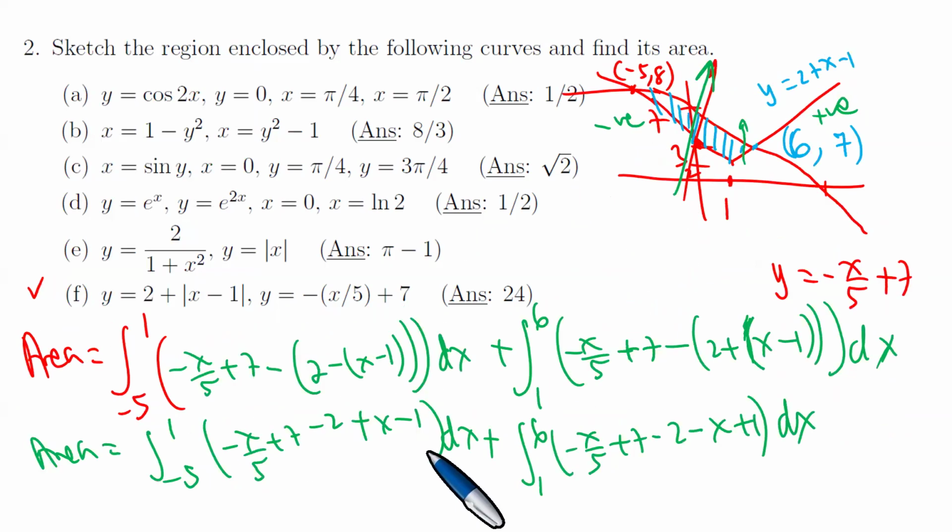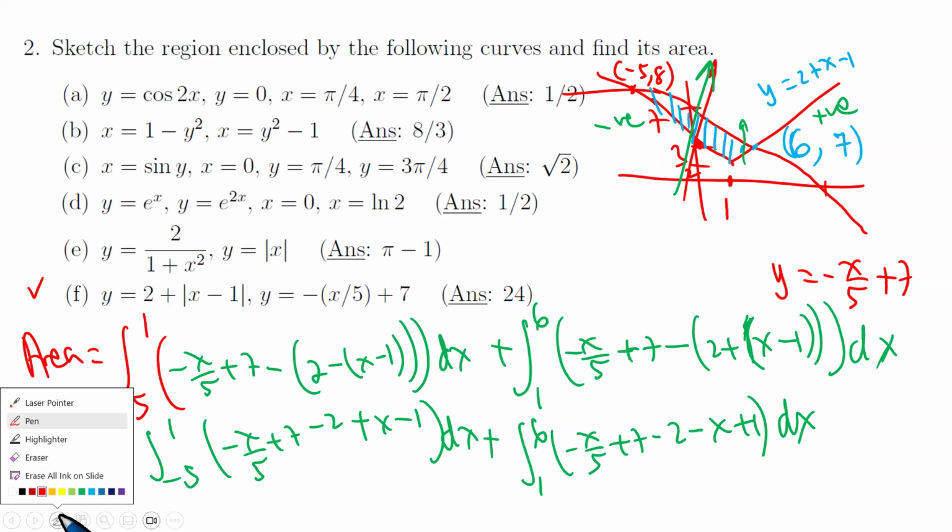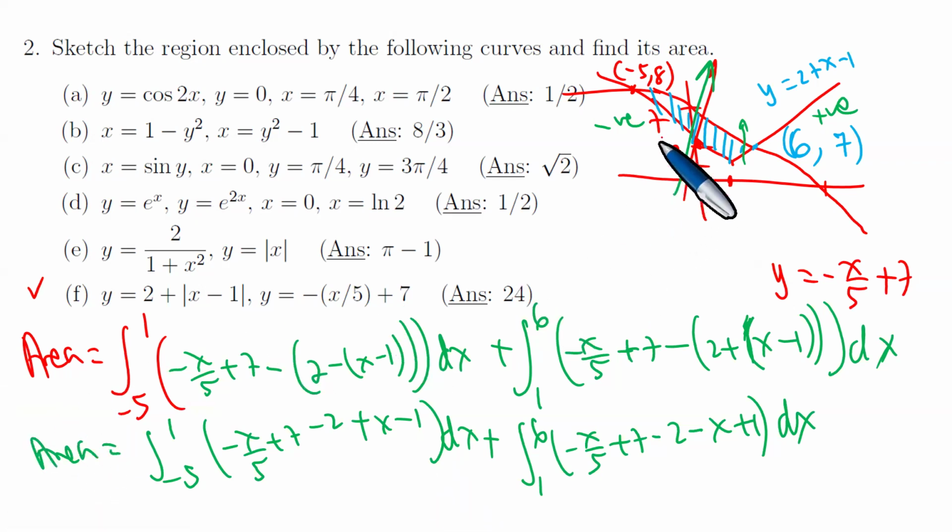We need to do a couple of checks. So now, are the limits of integration the correct ones? Are the limits of integration correct? Okay, let's check here. Obviously we can see that you have this one negative slope, which is 2 minus x minus 1.